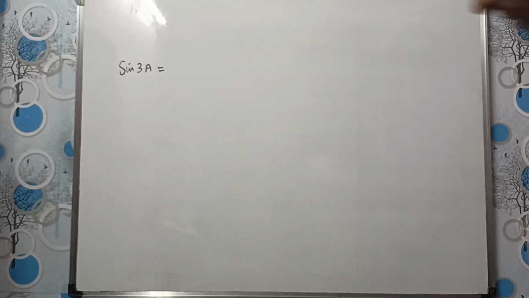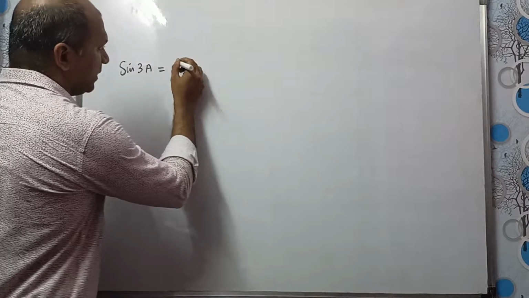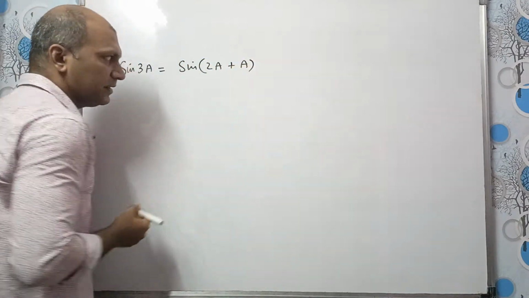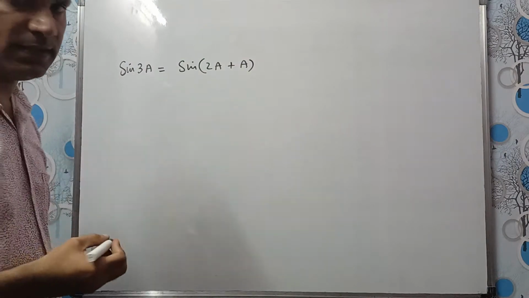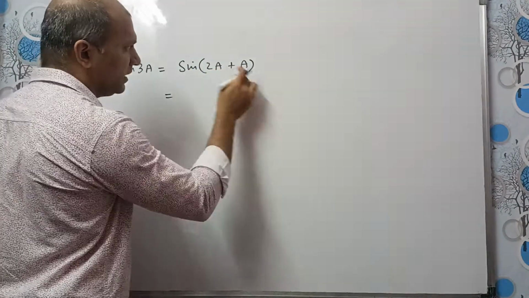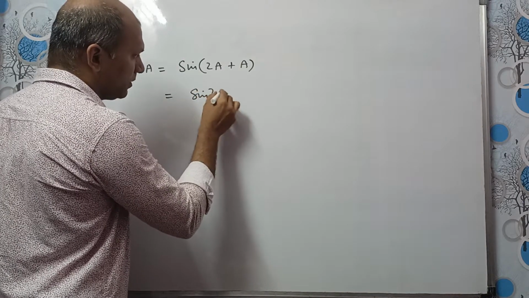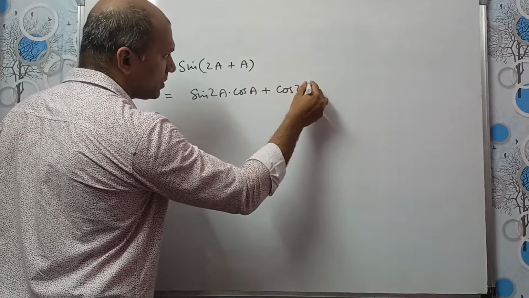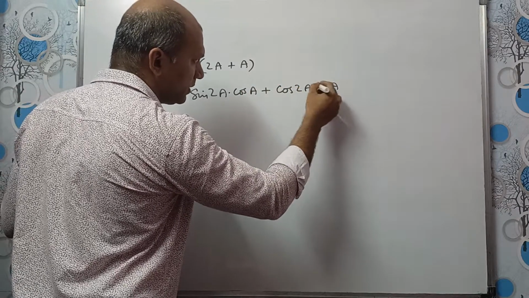Sin 3A. So sin 3A, we can write it as sin of 2A plus A, right? Now it is like sin A plus B. If you expand this, sin A plus B, sin A cos B plus cos A sin B, so sin 2A cos A plus cos 2A sin A, right?